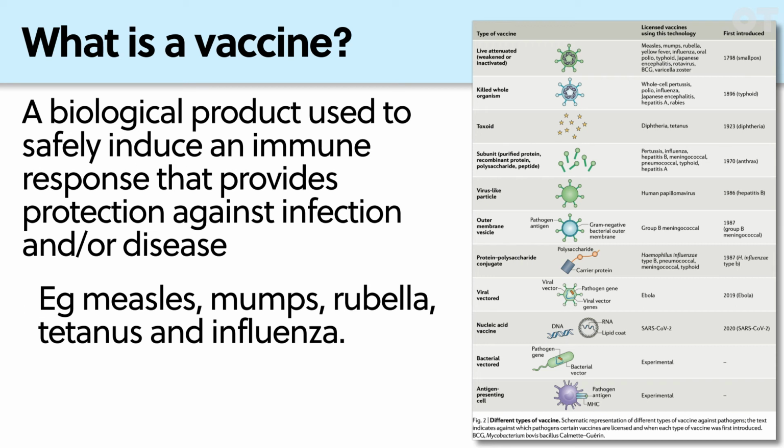And the types of vaccines that are used vary from weakened virus particles to where a whole virus has been inactivated or killed, through to particles that behave like the virus and produce a similar response. Viral vectors, where part of the virus that we want to protect against is inserted into a harmless virus that isn't going to cause a significant disease, so that we can deliver the mechanism via that and get the body to produce a response.